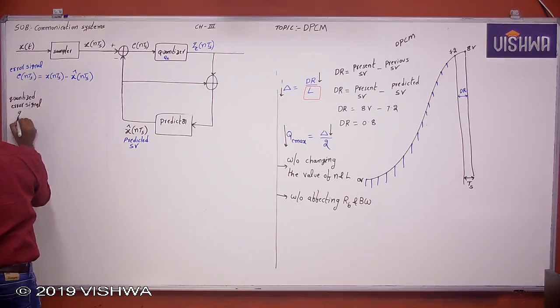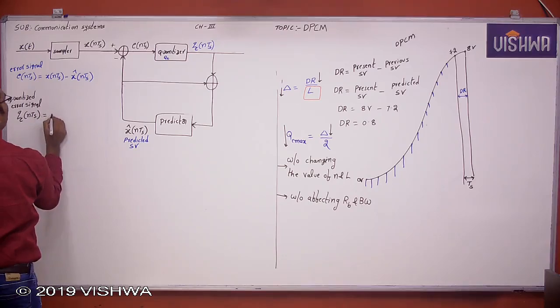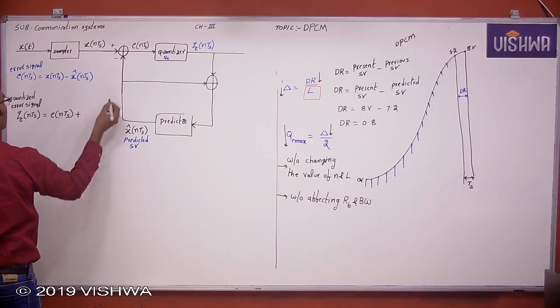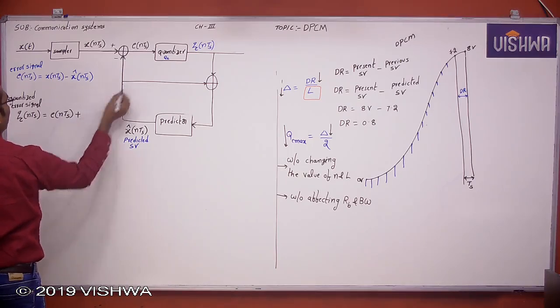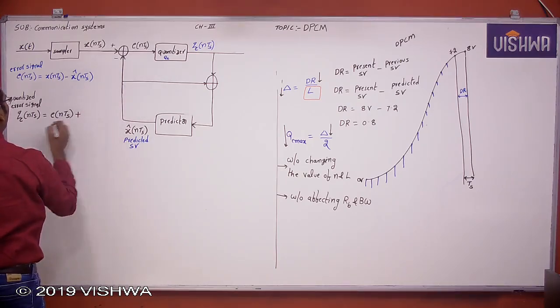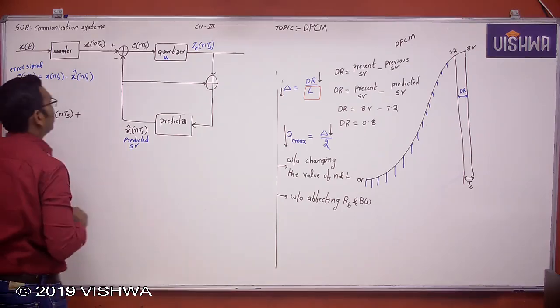The quantized error signal QE of nTs is equal to e of nTs plus some quantization error, which is added to it. Okay.